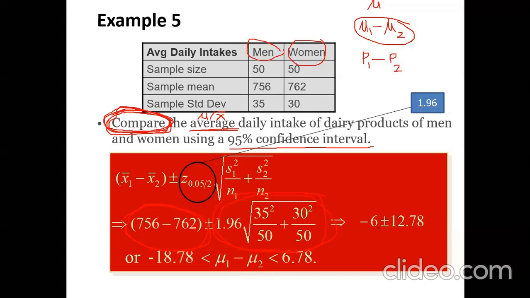It is negative 6 minus 12.78, and negative 6 plus 12.78 gives 6.78. All right, so you can try this at home after this. Okay, so this is example 5.